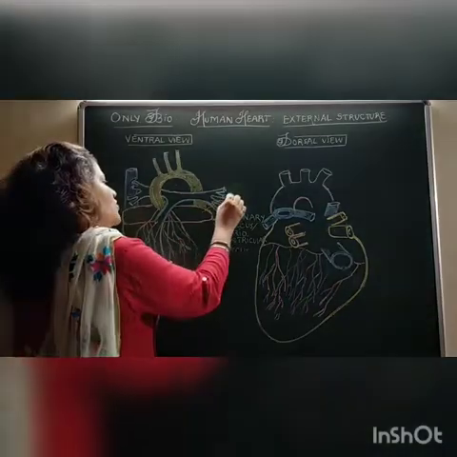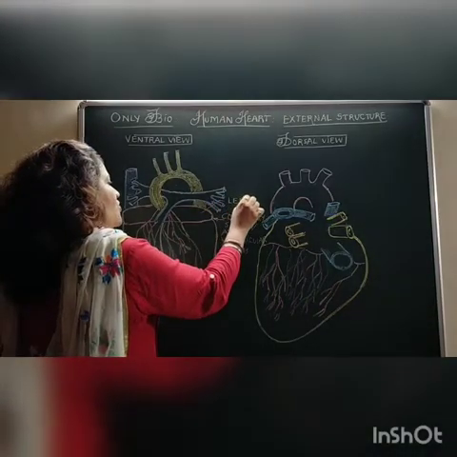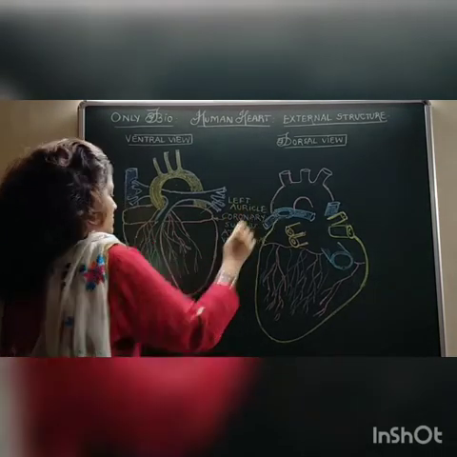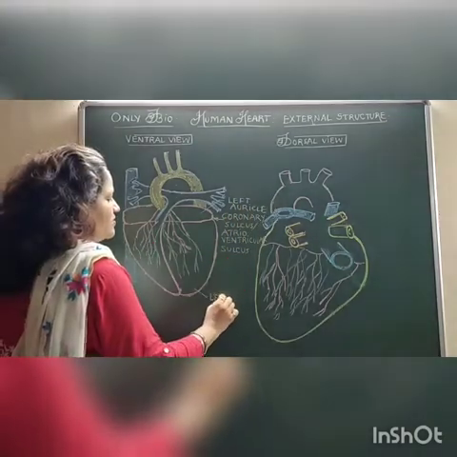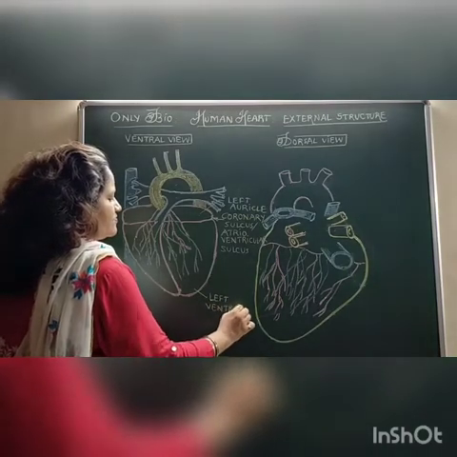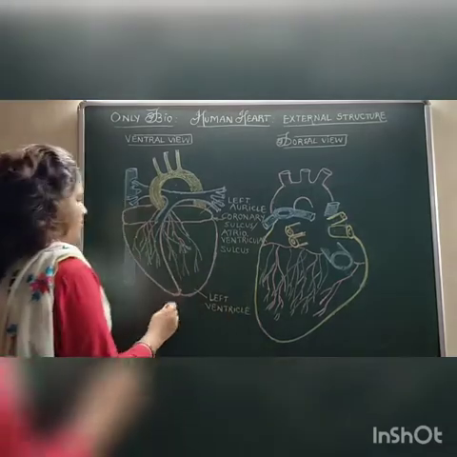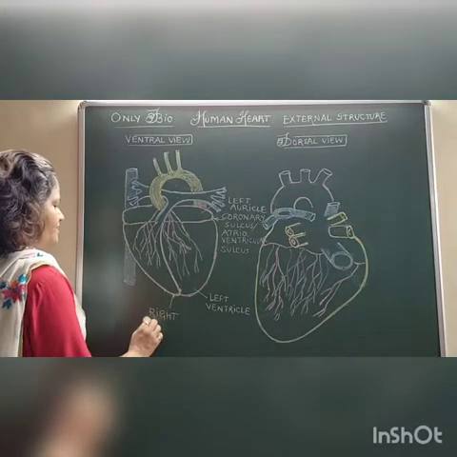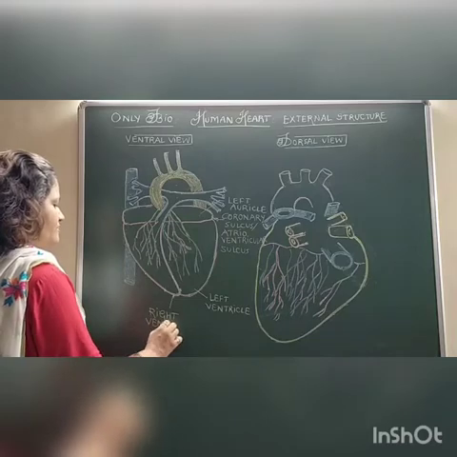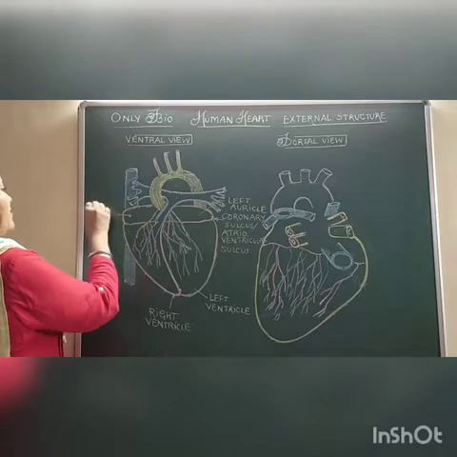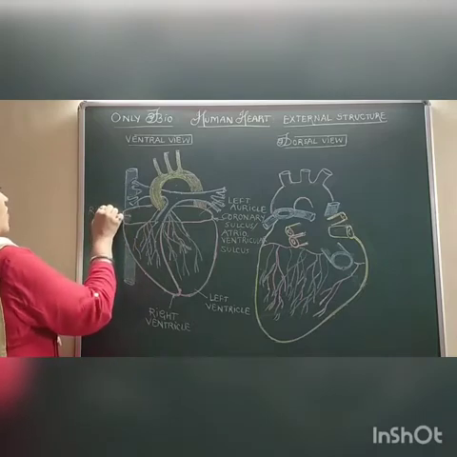Now this is going to be the left auricle. This is going to be the left ventricle. This is going to be the right ventricle. And this would be the right auricle.